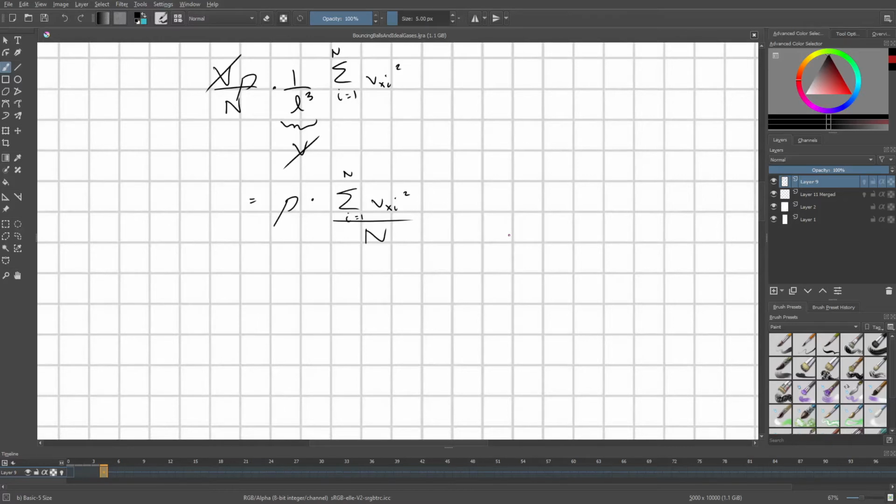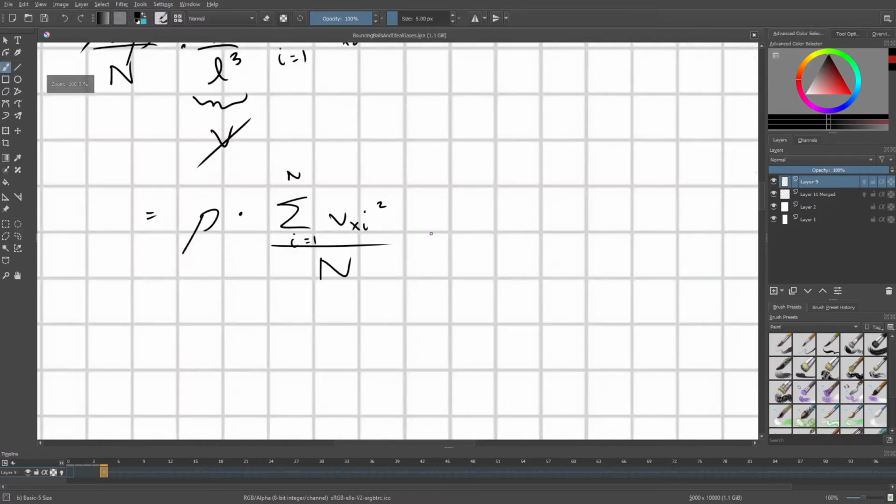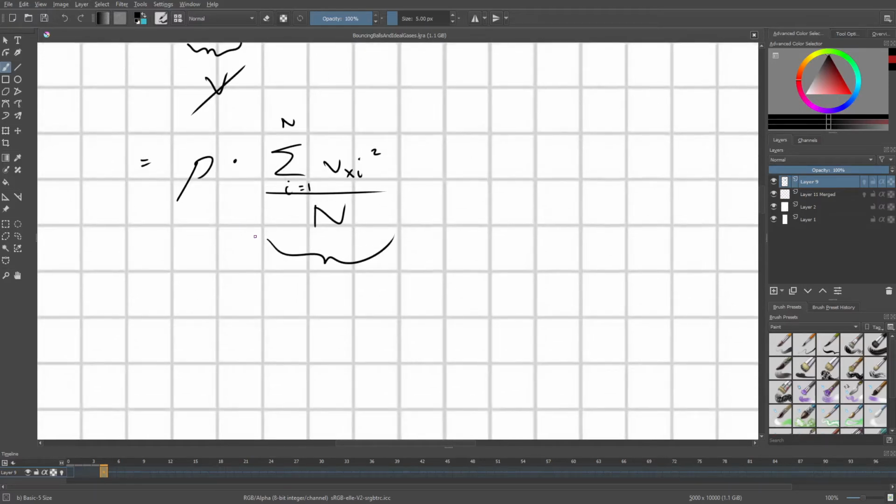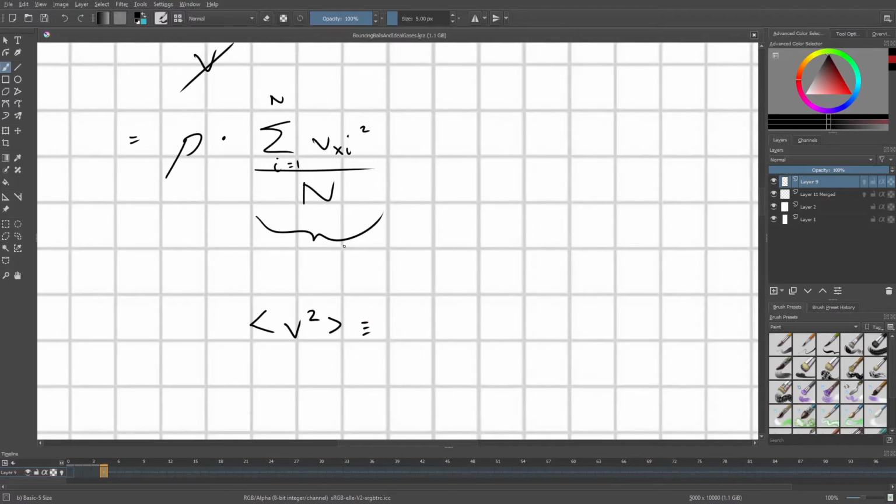All right, now we need to address the elephant in the room, which is basically this summation. And we can use a statistical definition to tackle this, and it's called the mean square. I'll go ahead and use brackets like this to indicate that this is the mean of the velocity squared. So this guy here, I'll say is defined as sigma from i equals 1 to n of vxi squared over n.